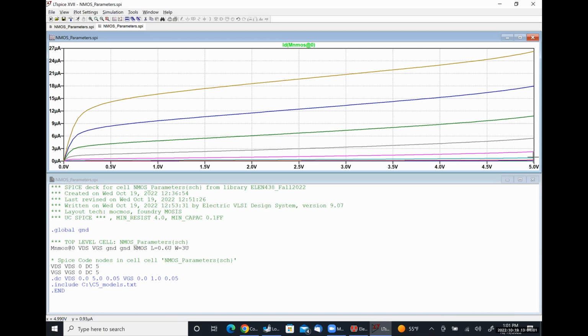So let's look at this topmost curve, right? In this topmost curve, we know that VGS is equal to 1. Get my calculator out here. So VGS minus VTH is 250 millivolts, right?